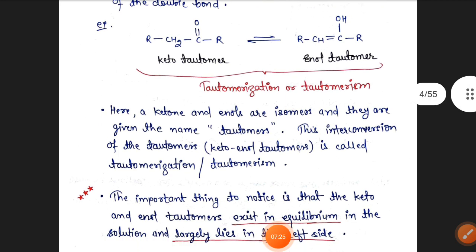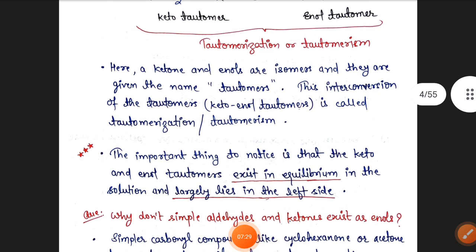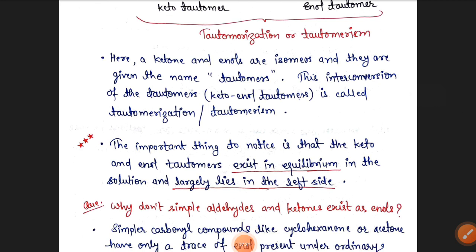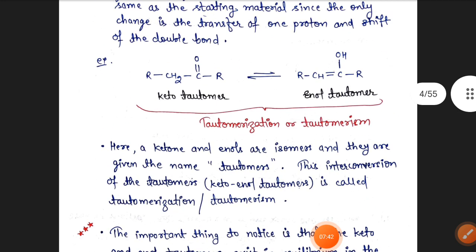The interconversion is called tautomerization, here keto-enol tautomerization. The important thing to notice is that the keto and enol tautomers exist in equilibrium in solution, and the equilibrium largely lies on the keto side, not the enol side.